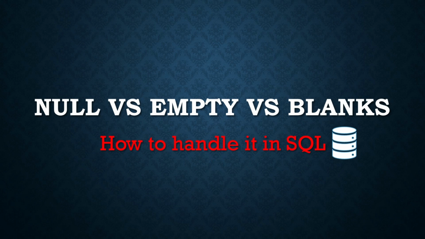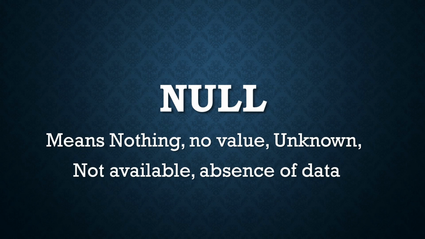So let's get started. Let us understand the difference between null, empty string and blank values. First we will see what is null. Null means nothing: no value, unknown, not available or absence of data. For example, you are filling an online form where you are storing your personal information such as first name, middle name and last name.